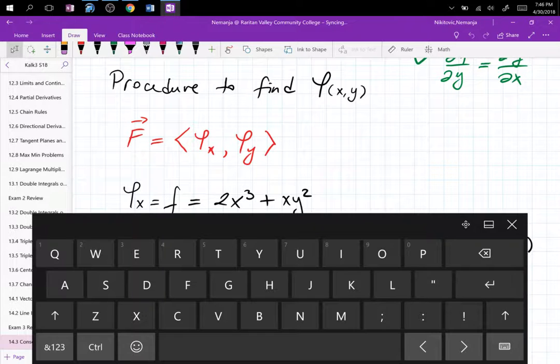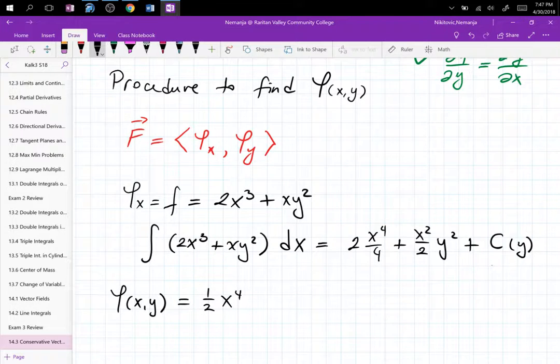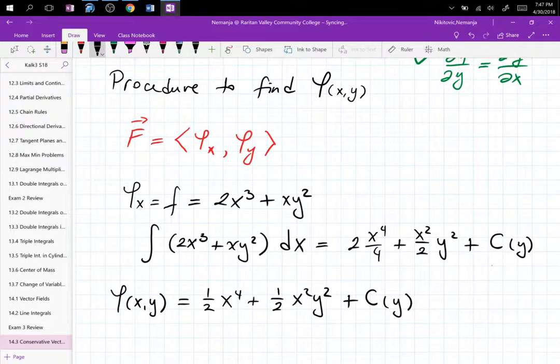So we have to have a function in y over there. Now, this is already my function phi that I'm looking for. When I cancel, it becomes 1/2 x to the 4th plus 1/2 x squared y squared plus some function in terms of y. This is already an answer.